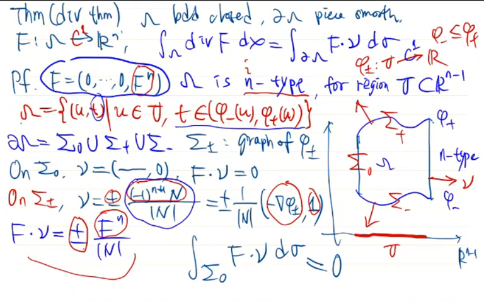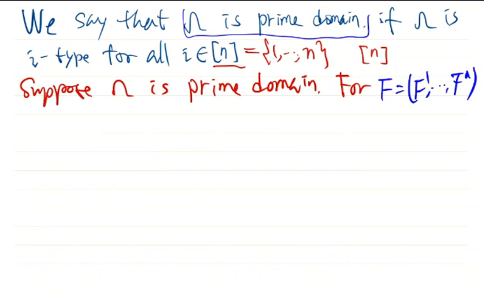In a similar manner, you can prove the result for other components being non-zero. For example, if only the first component is not zero, the divergence theorem is true. Only the second component not zero, the divergence theorem is also true. But now we study the general F. Maybe none of these components is zero, but we require the domain to be prime.